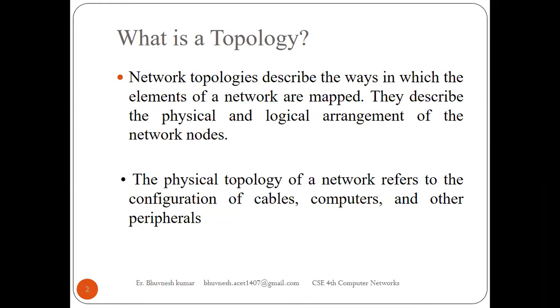How we will arrange them and connect them with each other, they will create a topology. The physical topology of a network refers to the configuration of cables, computers, and other peripheral devices. Your physical devices that are used to create a network are cables, computers, and peripheral devices. When we arrange them in a particular manner, it will become a topology, the way we connect them.